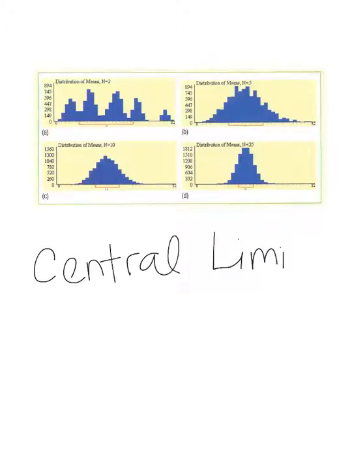Okay, so let's look at the central limit theorem. What if your population is not normal? What are you going to do about that, and how are you going to calculate things? The central limit theorem states that even if my population isn't normal, as my sample gets larger, if my sample is large enough, then the sampling distribution of the sample mean is approximately normal.